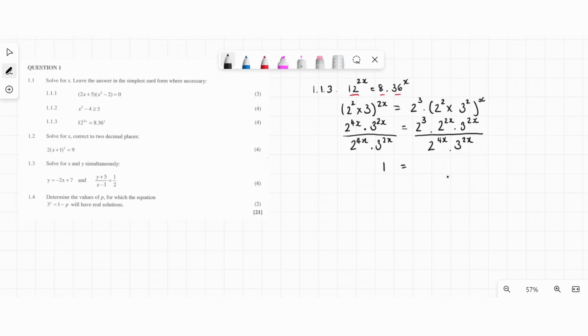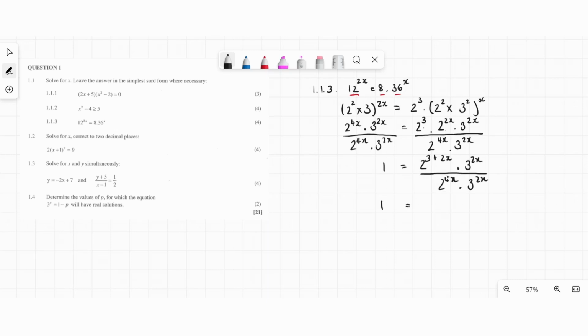What do we see? We have 2 here, we have 2 here. So let me group the numerator first. So it's going to be 2 to the power 3 plus 2x, which is the addition rule, the multiplication rule in exponents, multiplied by 3 to the power 2x, right? And this whole thing is going to be divided by 2 to the power 4x multiplied by 3 to the power 2x, right?